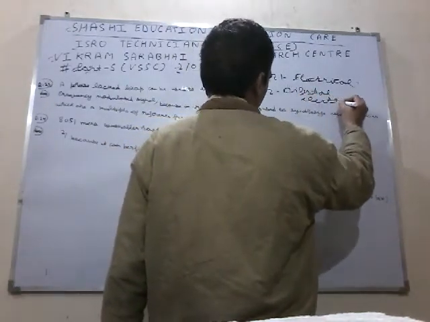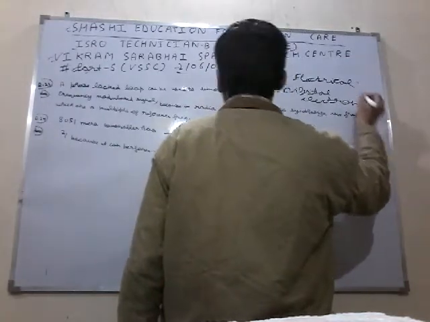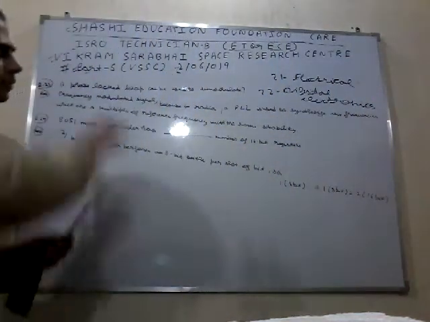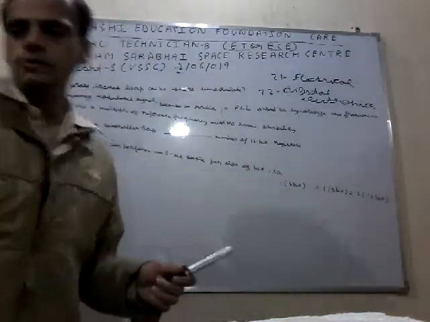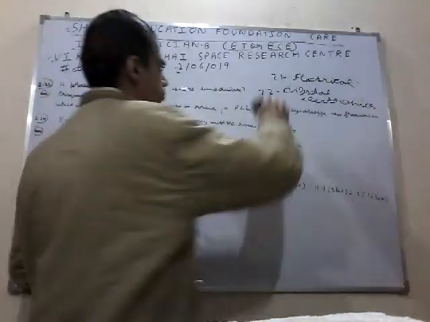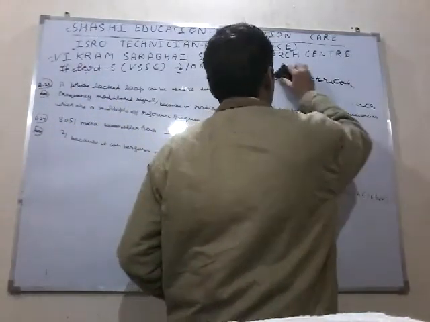Now let's move on to the next question. 21 is from the electrical and 22 is from the digital electronics.